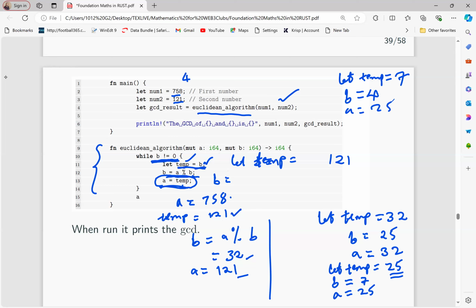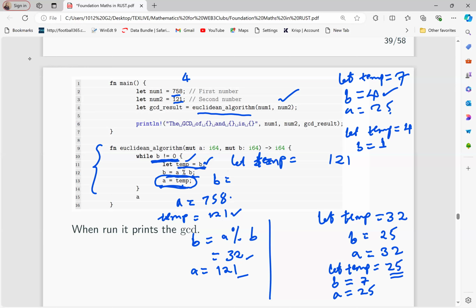And so on. This process continues until we have a B which is 0. At this point we would say let temp be 4. Yes, 4. And B now becomes the remainder of this divided by that.